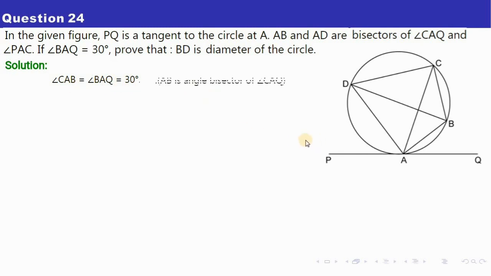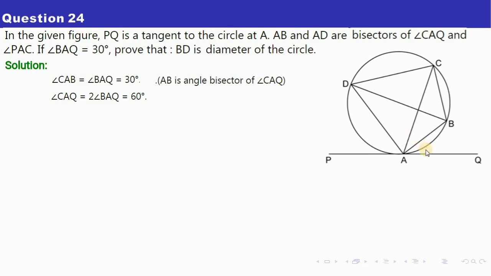Now can I say this full angle will be double of this? Yes, because this is this whole angle and this angle. This will be just half of this, so that's why this is 30 and this is also 30.